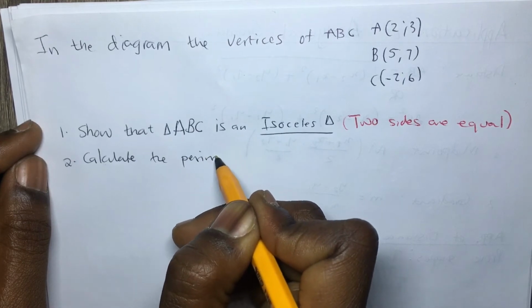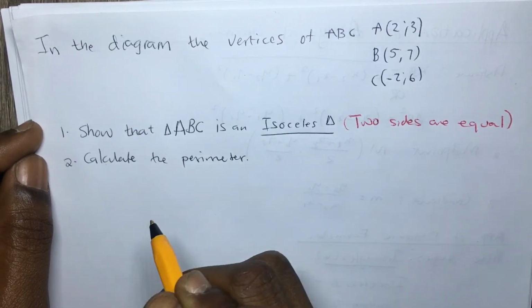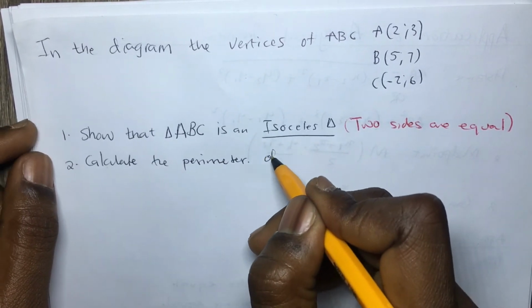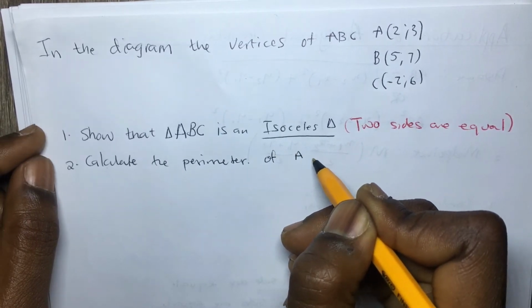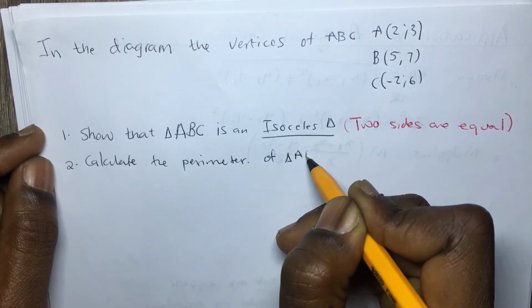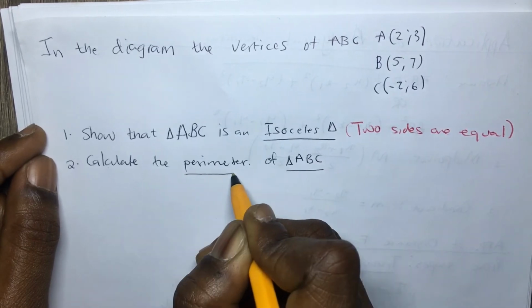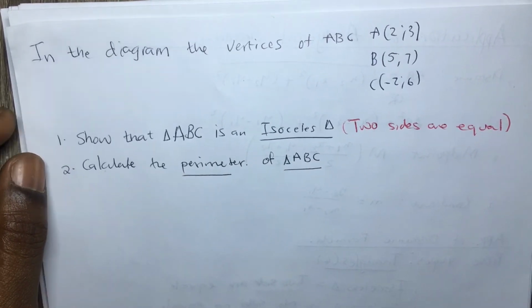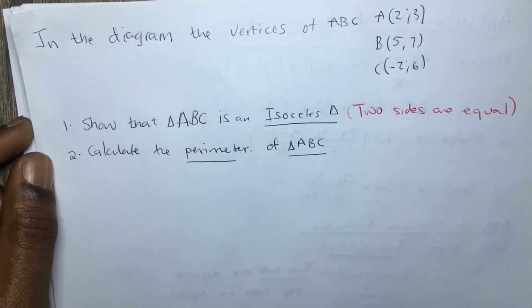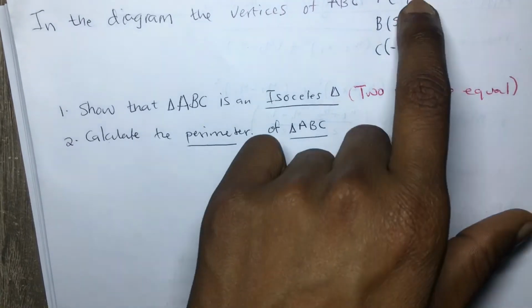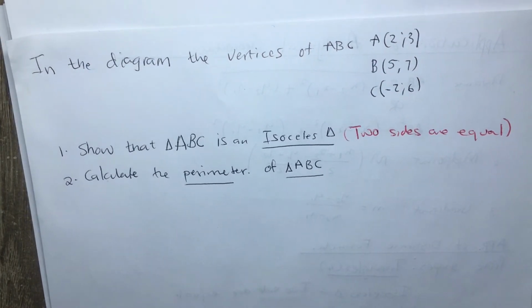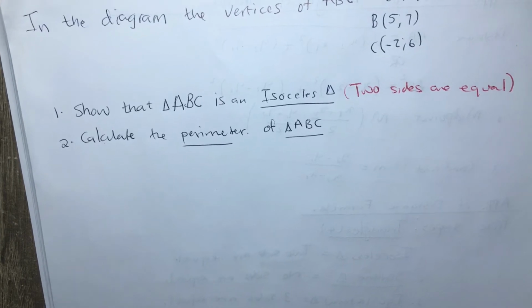I hope you see that analytical geometry is a fun section because it combines parts of other topics. So you need to be able to calculate the perimeter. Let's move along. You can sketch this on a Cartesian plane, but we don't have time for that.